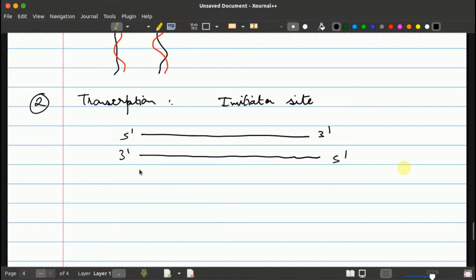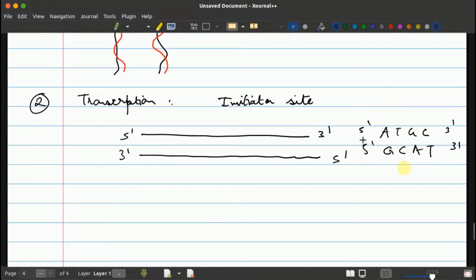For example, if this string was ATGC, what would the other string be? This is 5 prime to 3 prime. It is going to be GCAT, 5 prime to 3 prime.